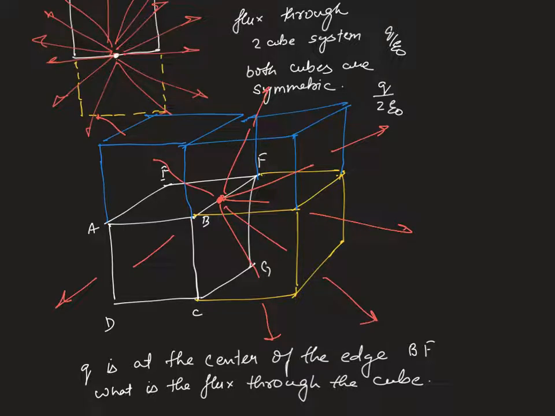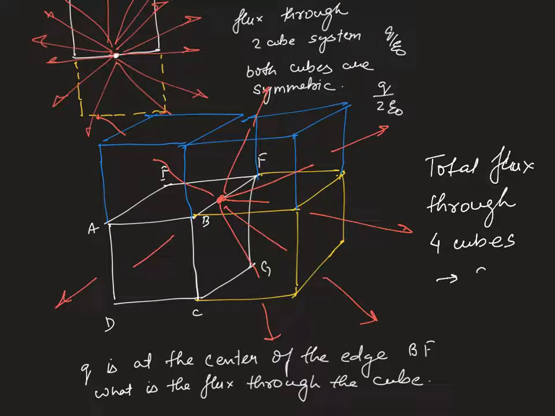So we have total flux through 4 cubes is q by epsilon naught, because all the field lines that the charge can emit, whatever their number is, will either pass through the white cube or the yellow cube, or the 2 blue cubes. There is no escaping that.